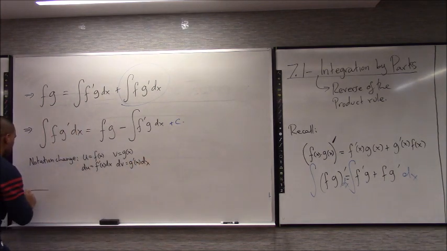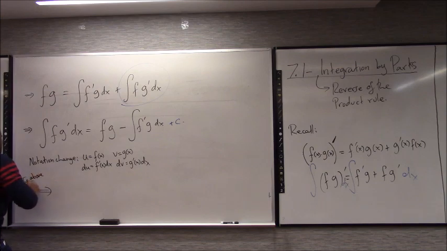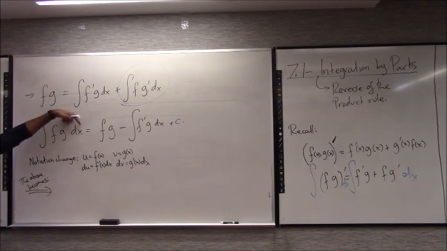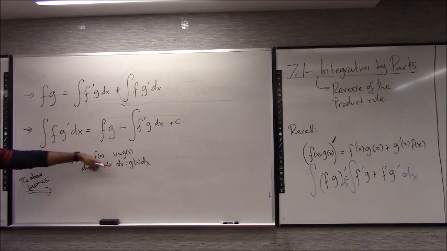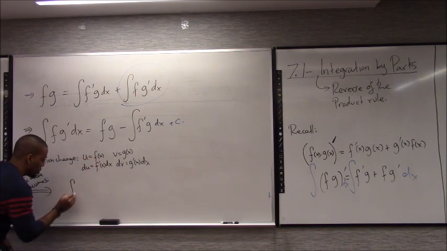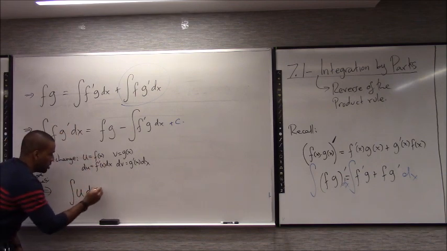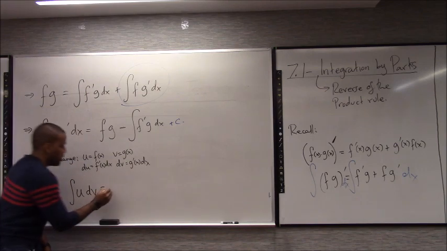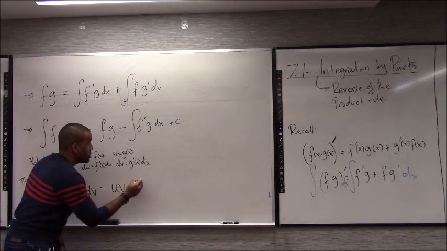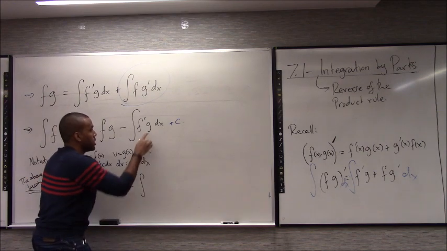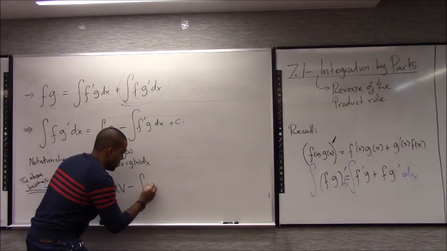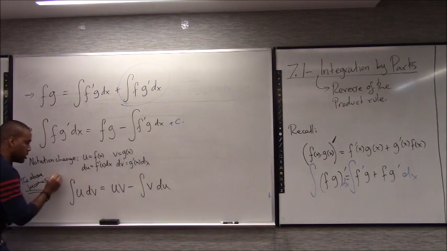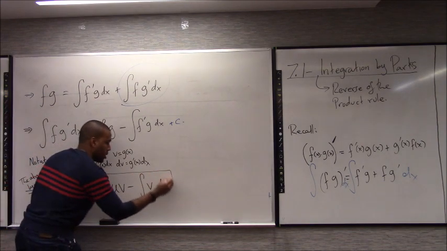And so the above becomes: well, my f is u, and the g prime dx is dv. So the above would become the integral of u dv equals u times v minus the integral of v du. This is called the integration by parts formula.